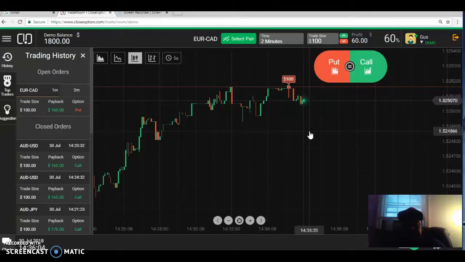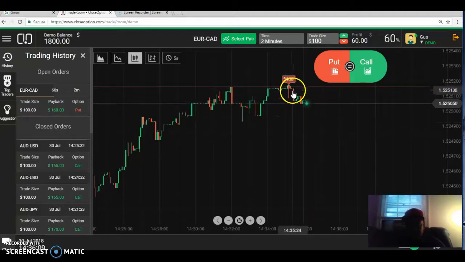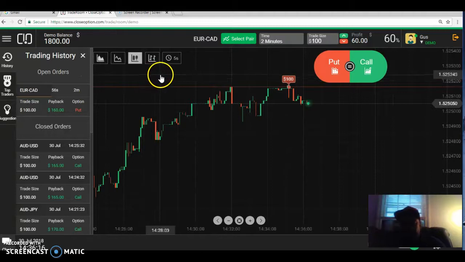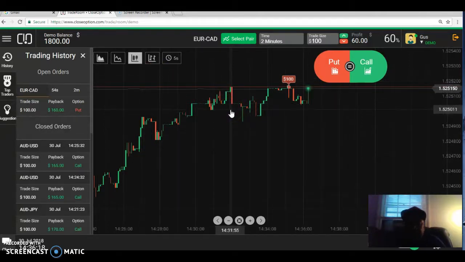And it's looking good. I just want y'all to see. I don't want to move on to another currency. I kind of like this one. Oh, by the way, this platform is called Close Option. It's a very nice platform because it gives you a free demo account so you can actually practice the strategy before you put real money into the account.